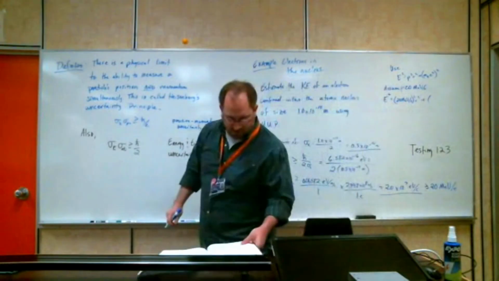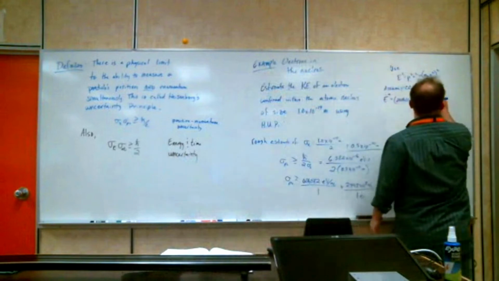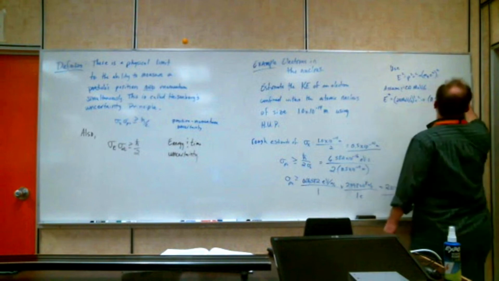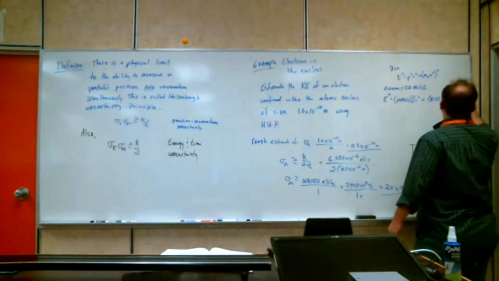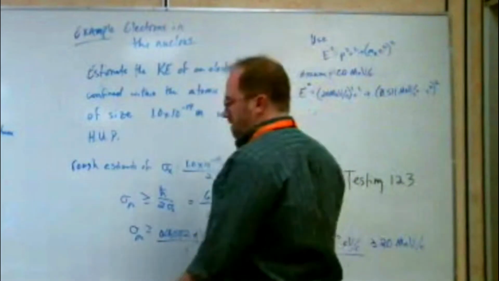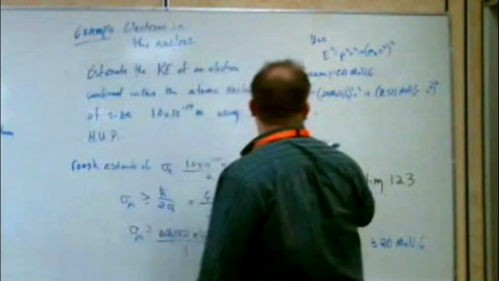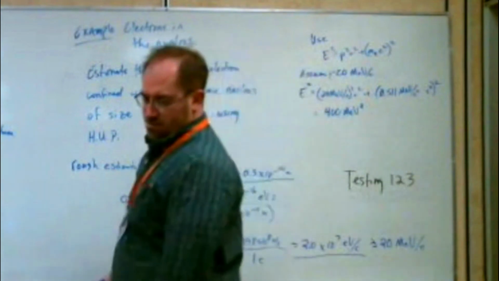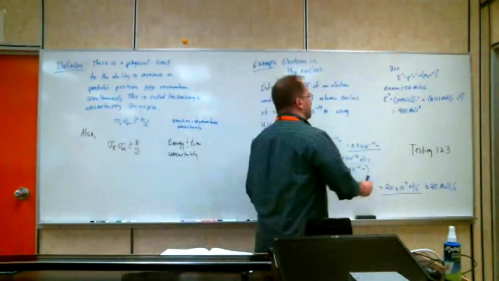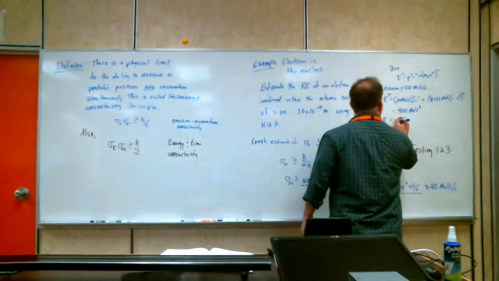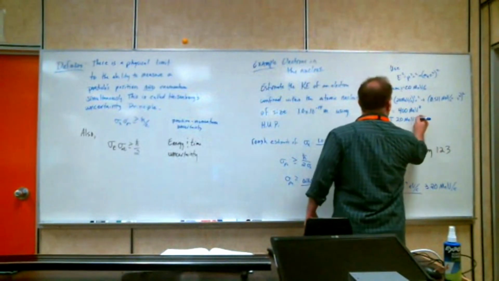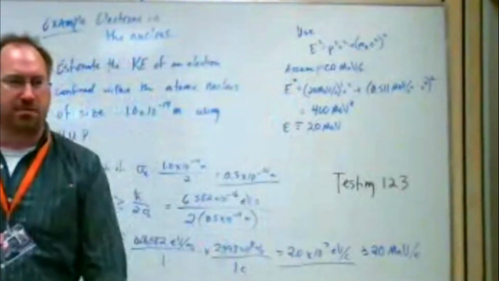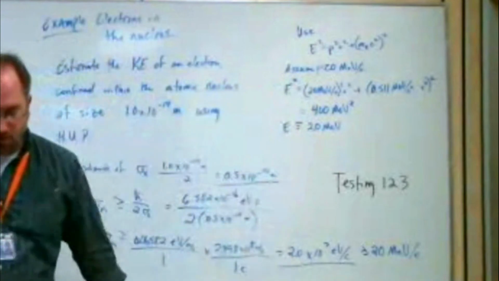So mass of the electron, 0.511 MeV per C squared times C squared. It's about 400 MeV. You see that the energy of the electron just gobbles up the mass of the electron, the mass rest energy.